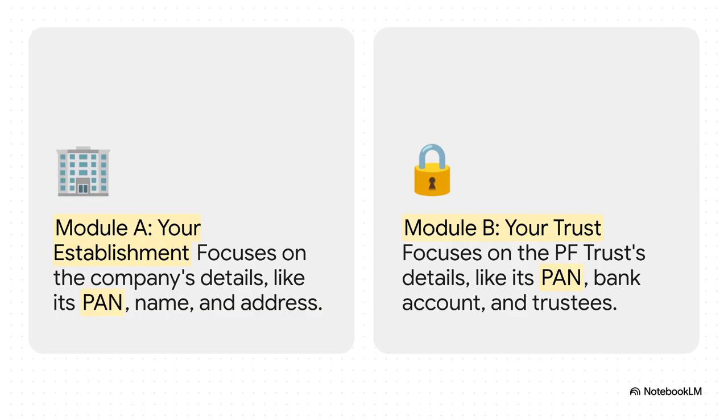Think of it as your business's ID card: its PAN, its address, all that stuff. Module B, on the other hand, is about the trust itself, the separate entity holding all the PF money, with its own PAN and its own bank account. And listen, you have to get both of these one-time setups done before the portal even lets you touch the monthly filings. No skipping ahead.